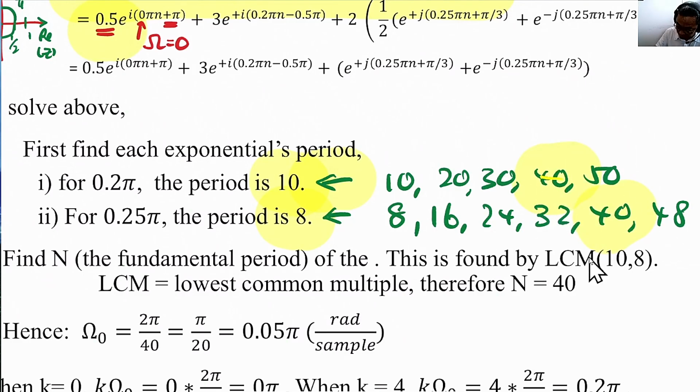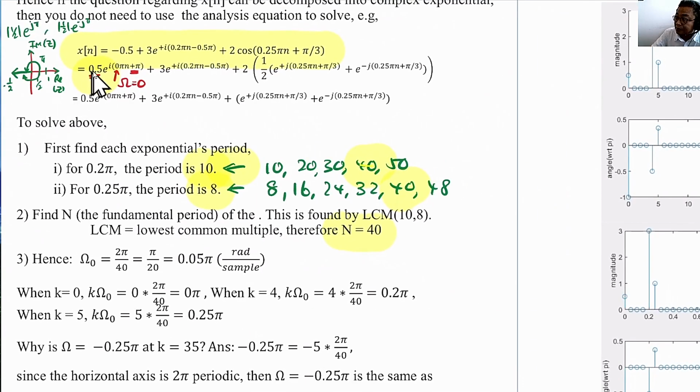complex exponentials. We will use N equals 40 because the DC term doesn't matter. So the only interesting complex exponentials are 0.2 pi as well as 0.25 pi.